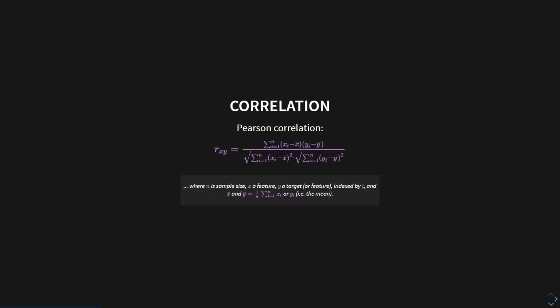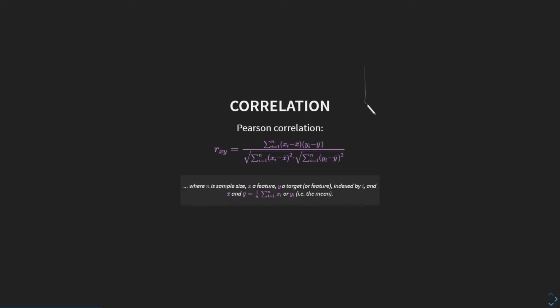So a good way to test this, which is usually standard in any statistics course where you'll be explained what correlation is, and I'll go through it anyway. Correlation is a metric to measure, in a nutshell, how much similarity there is between two numerical features.